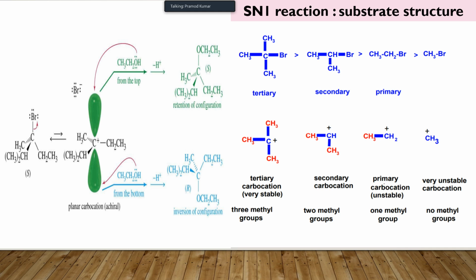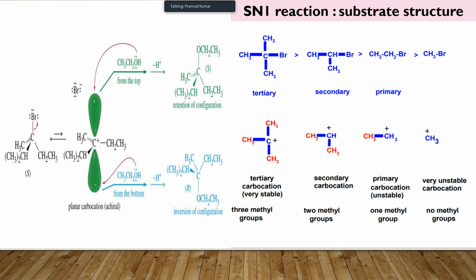What is the first step? Loss of your leaving group, that is bromine, to form a carbocation. Now the nucleophile, ethanol, will attack your carbocation either from the front end or from the back end. So there might be either retention or inversion of configuration, and you get a racemic mixture.